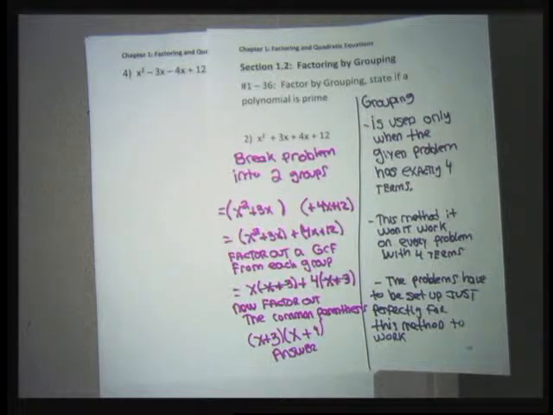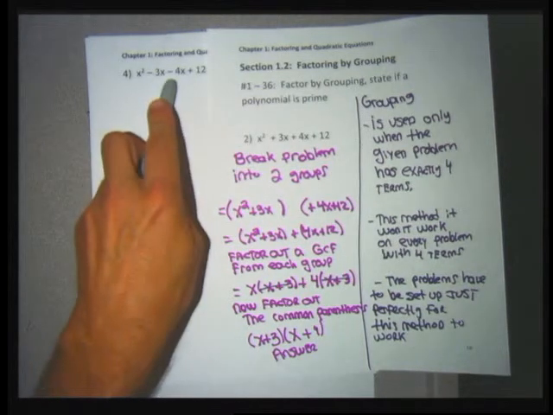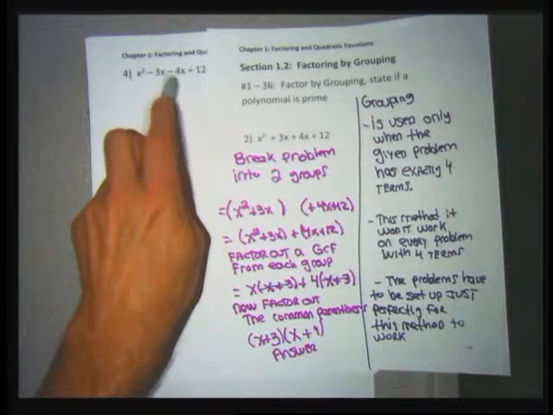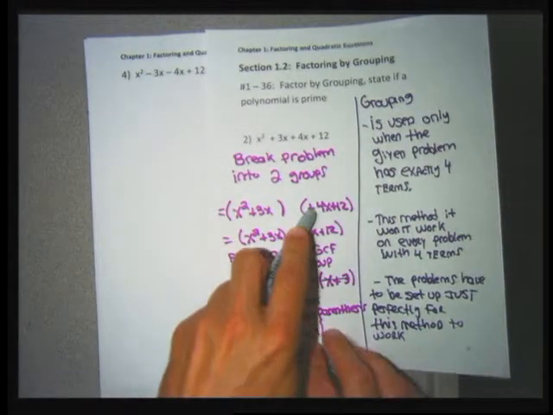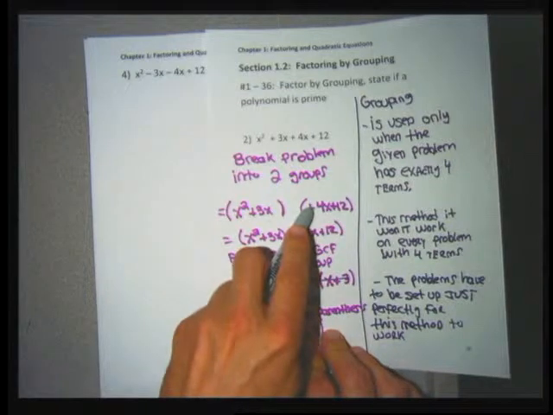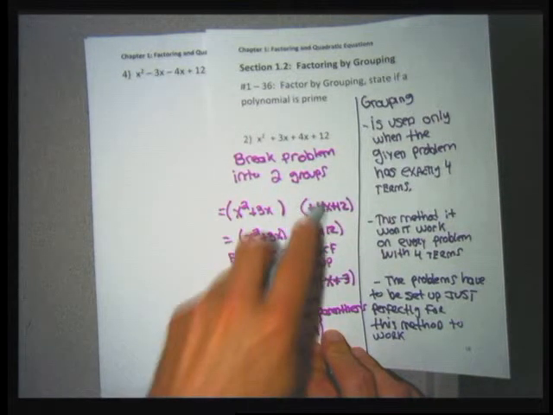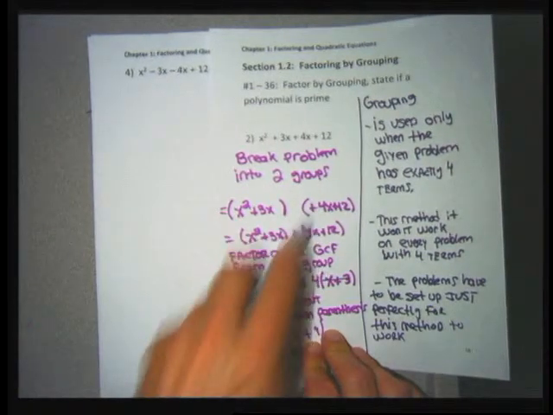So 4 is a tough problem because of this negative sign. And when I break this into 2 groups, I'm going to include the negative in the second parentheses, just like I included the positive in the second parentheses in problem 2, but that positive doesn't really need to go there.